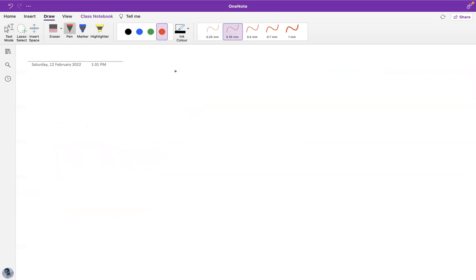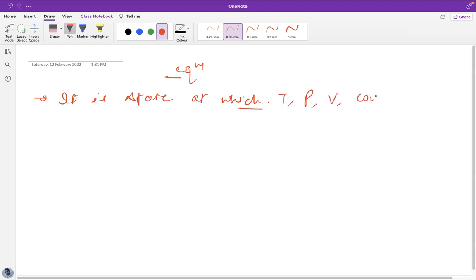So what is equilibrium? Equilibrium means it is a state at which some measurable property, measurable means like temperature, pressure, volume, concentration, remains constant.